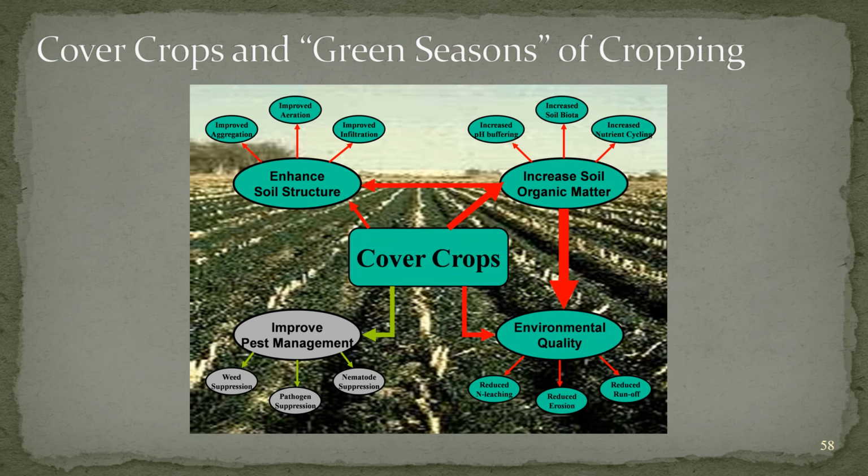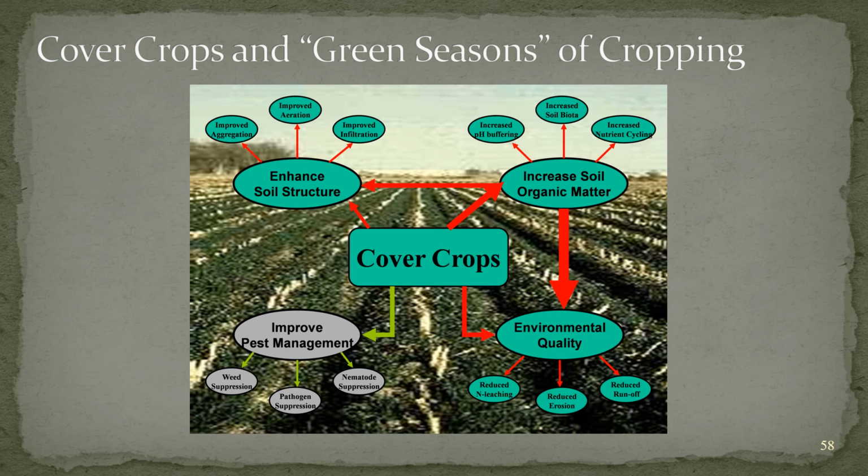Ultimately, a lot of these green manure crops can also be used as a cover crop, which is basically a crop that is planted to protect soil over winter. They enhance soil structure by providing more organic matter, which improves aeration and improves aggregation and improves infiltration, and it increases the ability of the soil to buffer pH so that it doesn't leach cations and become acidic as fast.